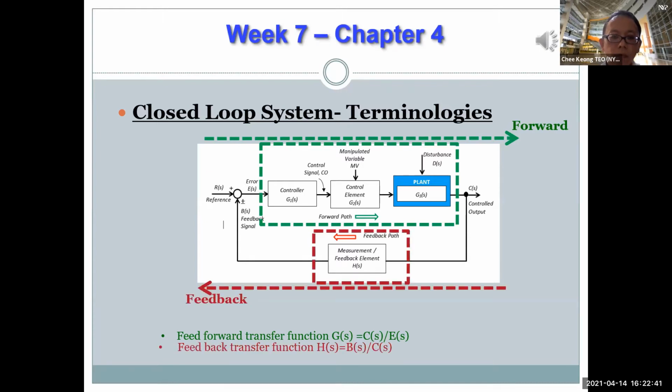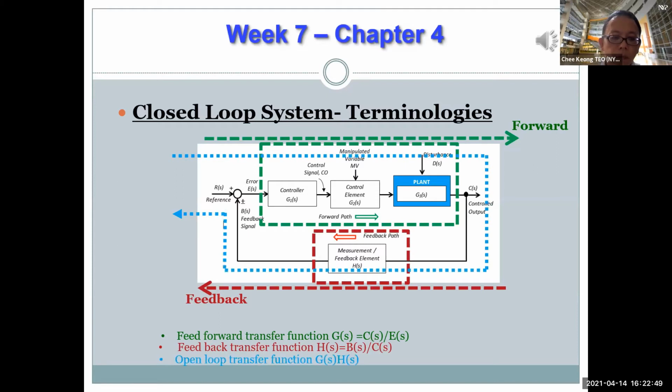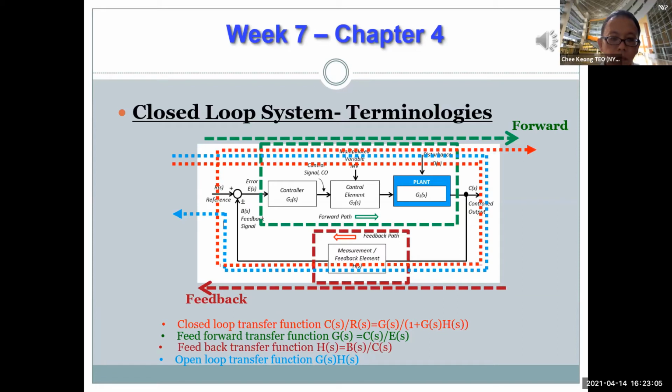On the other hand, any block or system that lies along the feedback path will contribute to the feedback transfer function H(S). The open-loop gain talks about the entire gain experienced by a signal when it moves along the forward path followed by the reverse path. This is what we call the open-loop transfer function G(S)H(S).